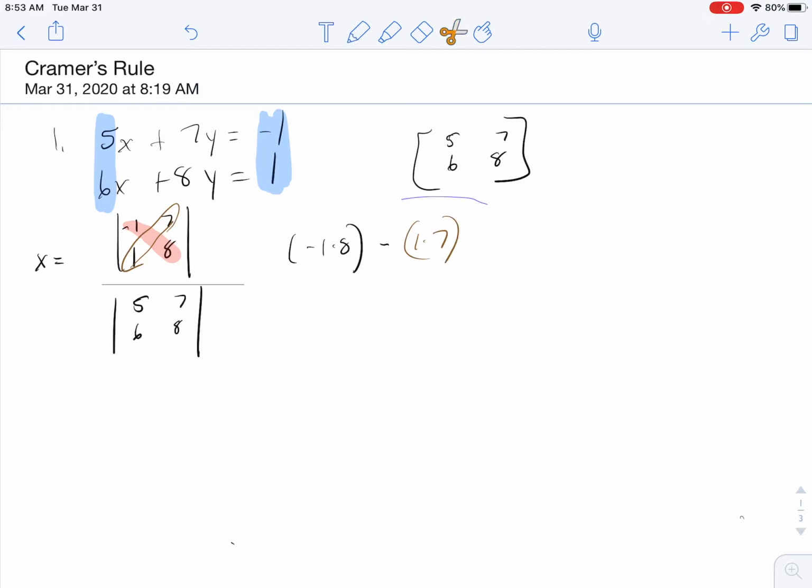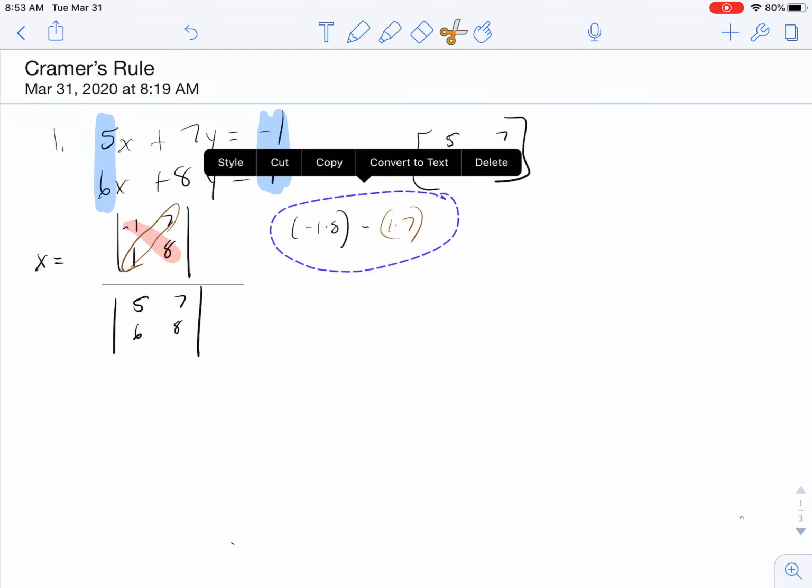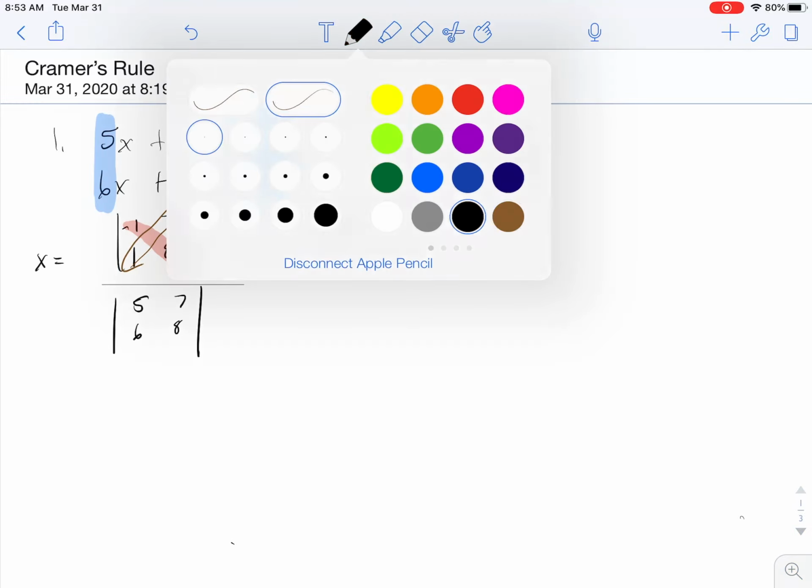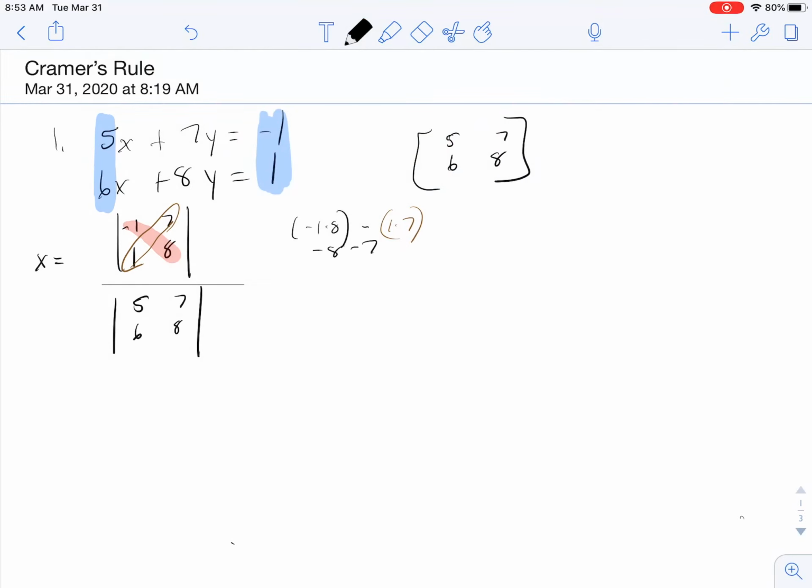So we're going to get -1 times 8, which gives us -8, minus 7 gives us -15. That's in the numerator.